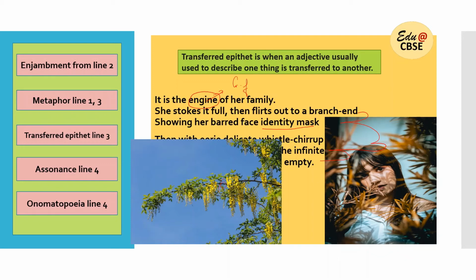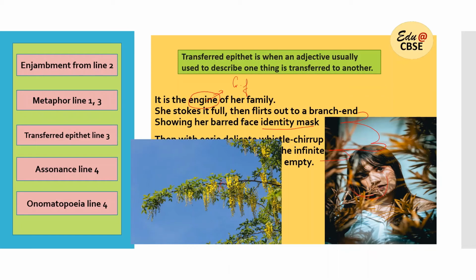You can see in the picture a shadow falling on the face of this woman. The bars are visible on the face because the sunlight is passing through these leaves. So it has taken the shape of a mask, as if she is wearing a mask on her face. That is why the poet writes here, showing her barred face identity mask.